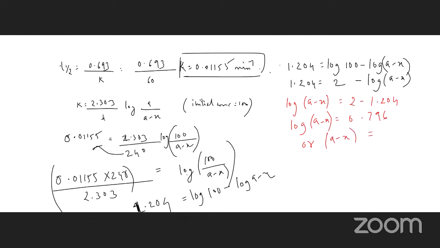So A minus X will be equal to the antilog of 0.796. So A minus X will be 6.25%.